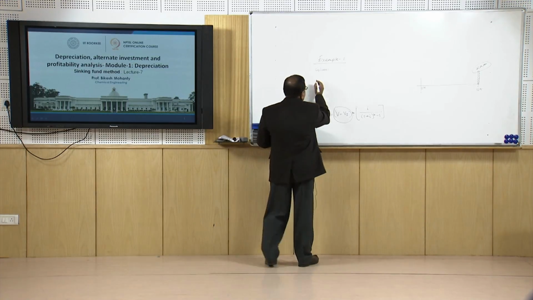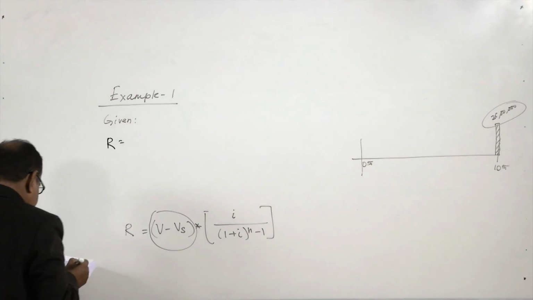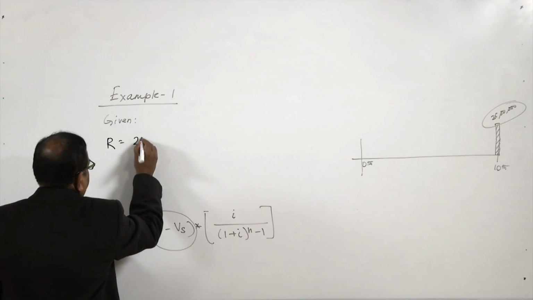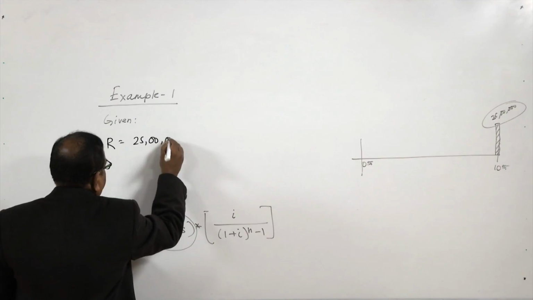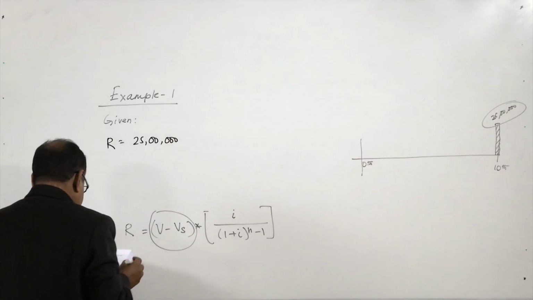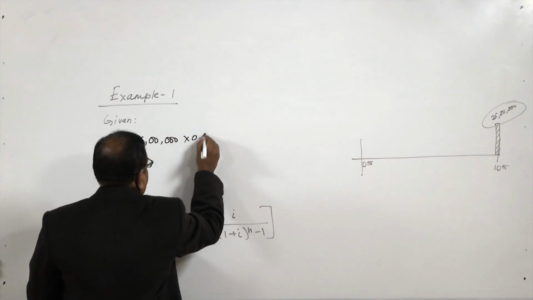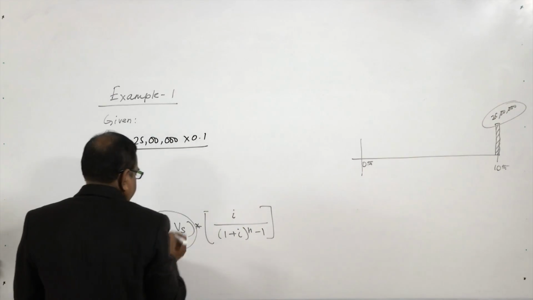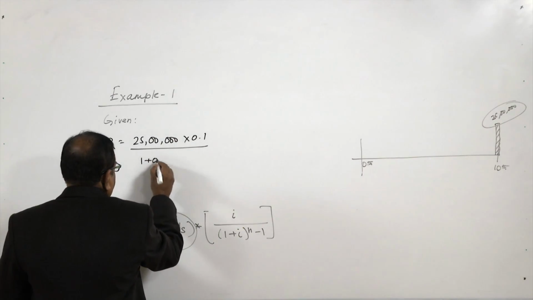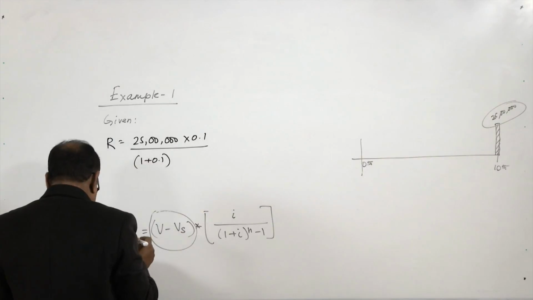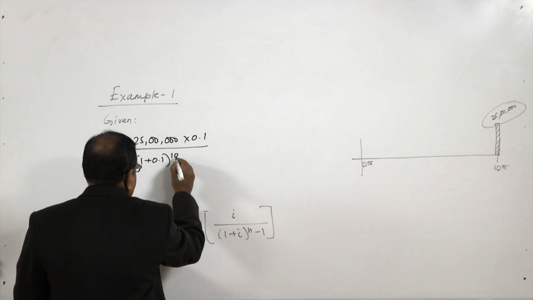Now, R is equal to 25 lakh into 0.1 divided by (1 plus 0.1) to the power 10 minus 1.